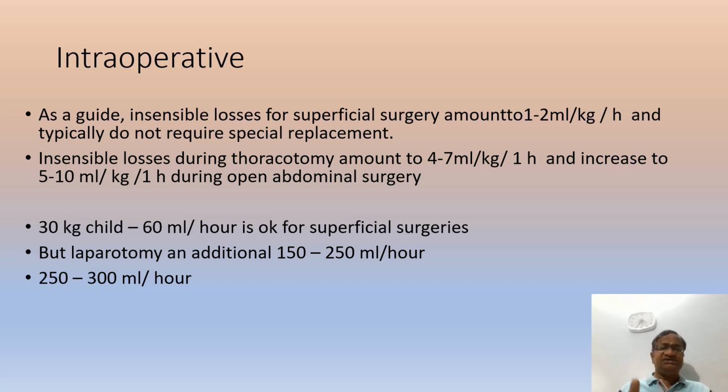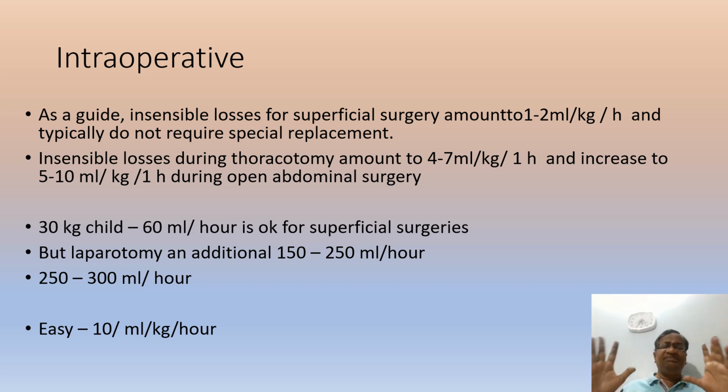For a 30 kg child, 60 ml per hour is okay for superficial surgeries. But if you need a laparotomy, then you need 10 ml per kg per hour, so a 30 kg child may need up to 300 ml per hour. If you don't know anything, start with 10 ml per kg per hour for major surgeries.